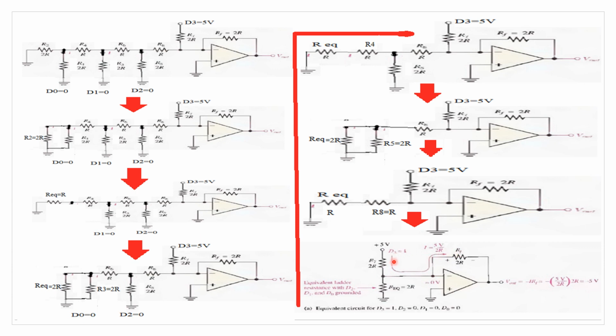Hence, the value of the current can be found by using the equation current is equal to voltage by resistance. Here the voltage is 5 volt and the resistance is 2R. So the current will be 5 by 2R. That current will be passed through the feedback resistor whose value is equal to 2R.